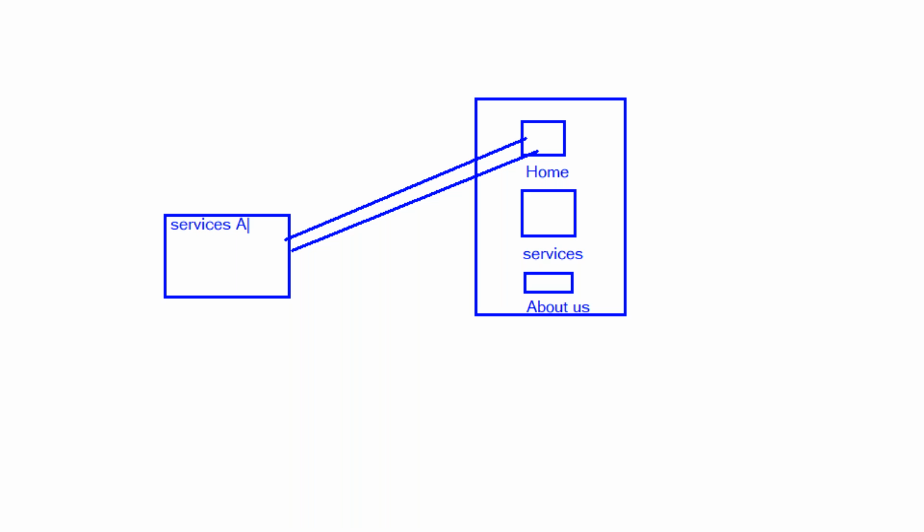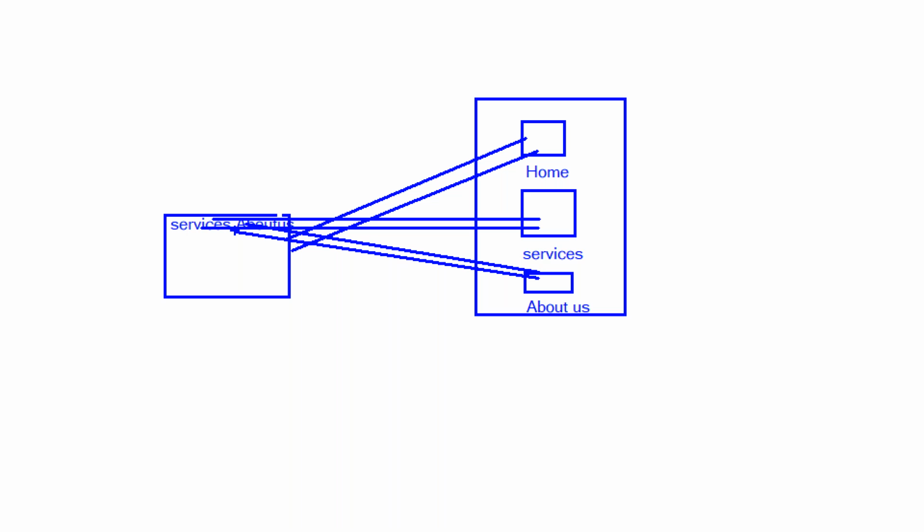When the user clicks on services, one more request goes to the server and the response comes back. For about us, again a request goes to the server and a response comes back. So with many web pages, every time the request goes to the server and the response comes back. This is the mechanism working now.